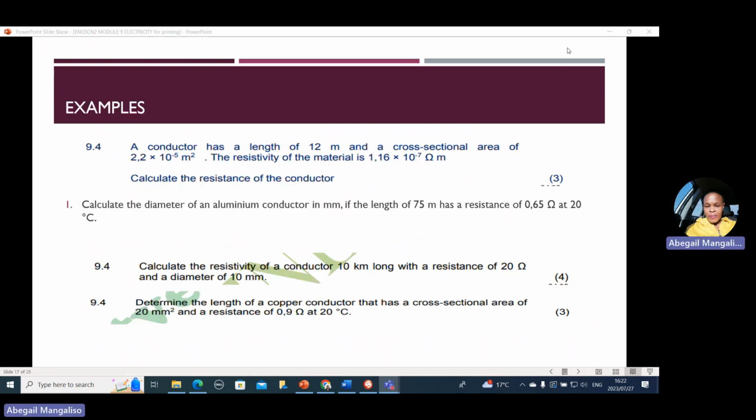Let's look at the activities or examples taken from different past question papers. Number 1 says a conductor has a length of 12 meters and a cross-sectional area of 2.2 times 10 to the power negative 5.